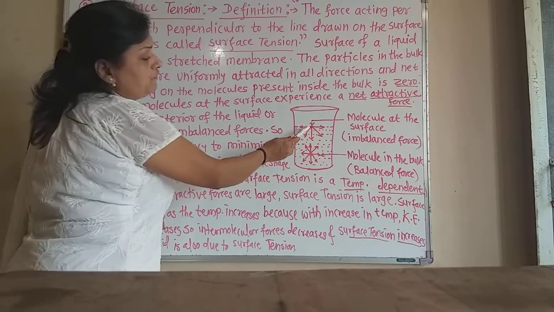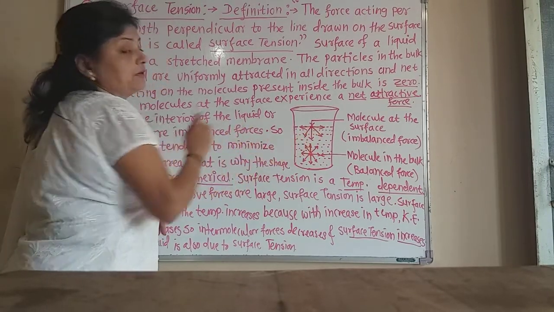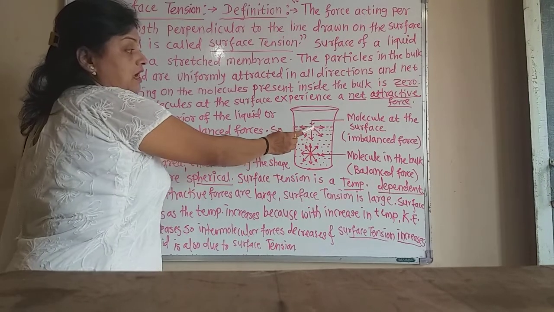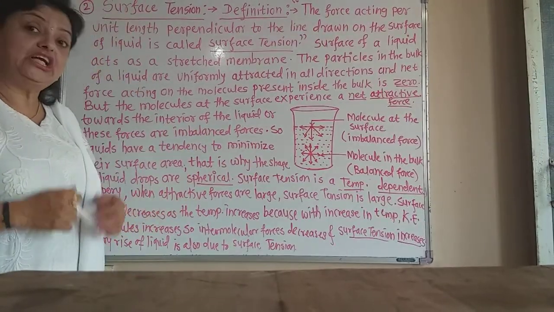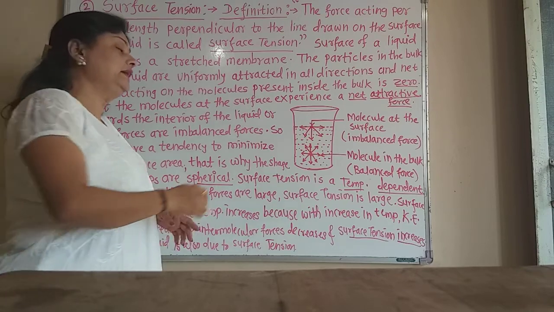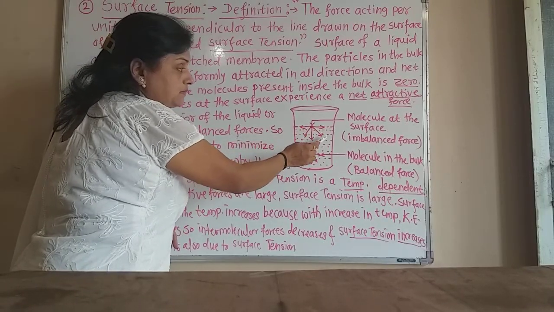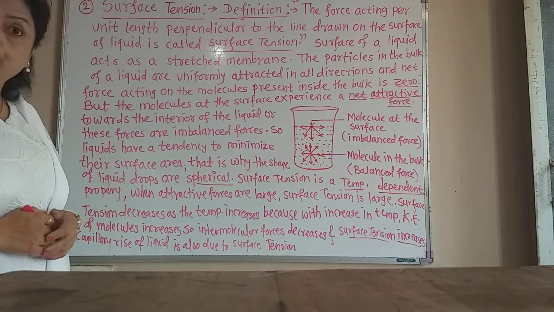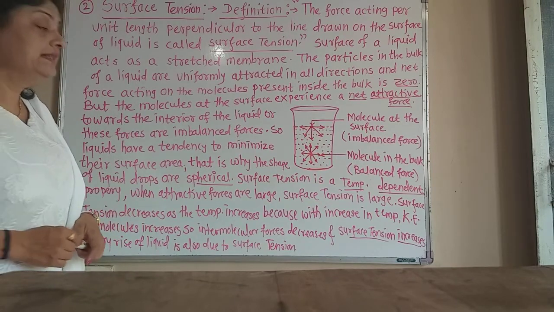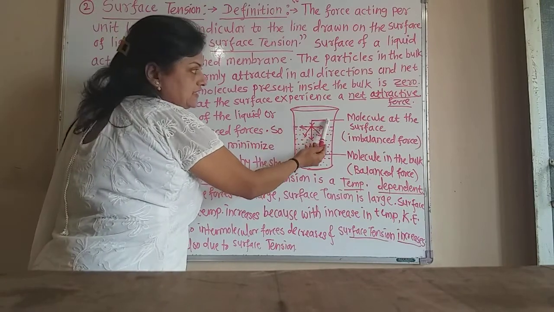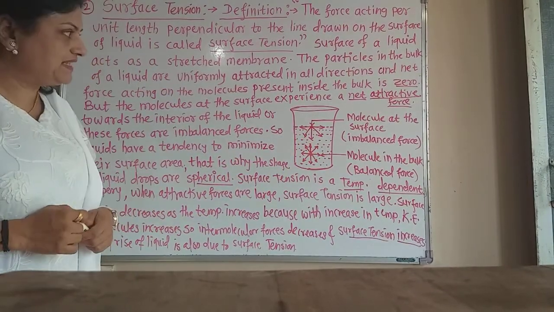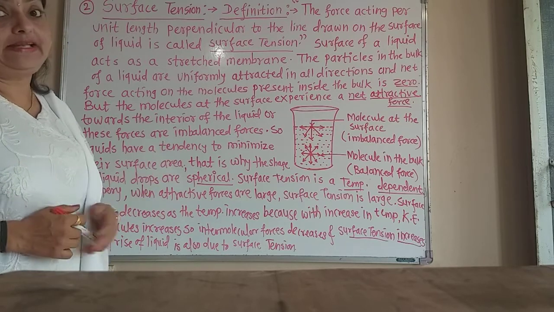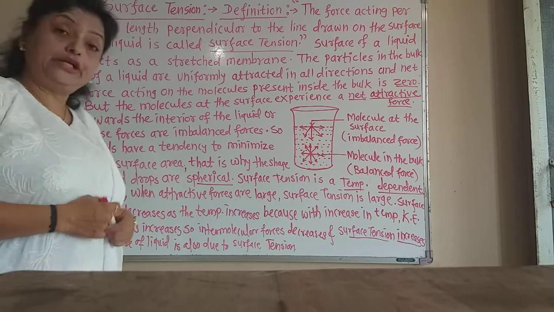But the molecules which are present on the surface are attracted by the liquid molecules only from the bulk of the liquid and from the neighboring molecules on the surface. On the empty space above the liquid, there are no attractive forces on the molecules at the surface.